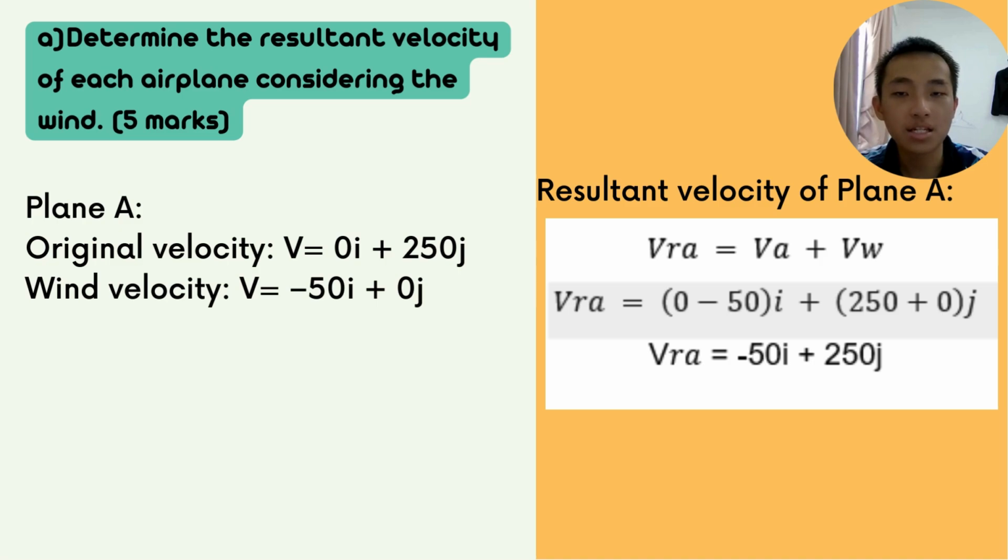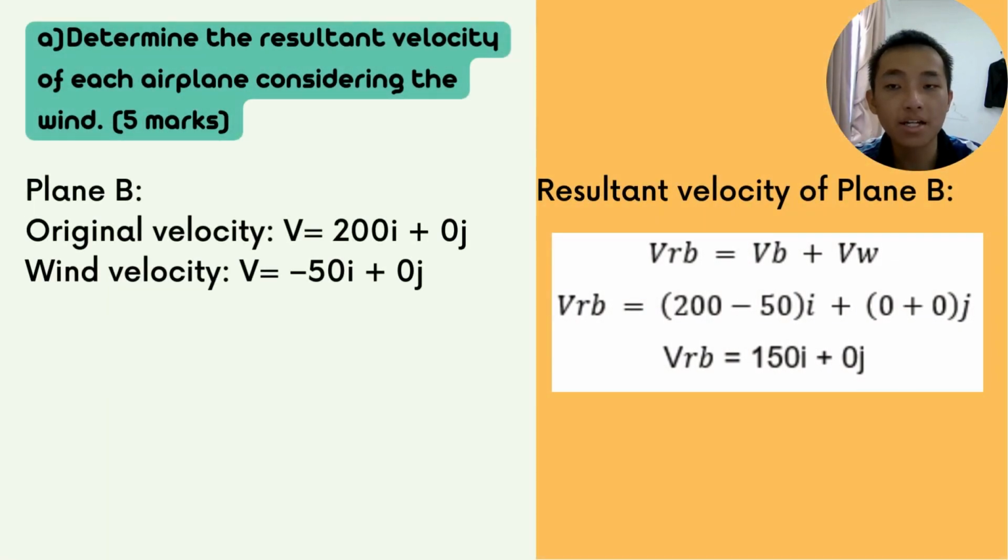The original velocity is 0I plus 250J, while the wind velocity is negative 50I plus 0J. And at last, we will get the resultant velocity of plane A is negative 50I plus 250J.